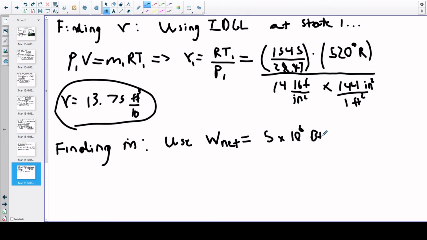Using that, we can write out the work net equation, which I think is work turbine minus work compressor for this problem. If we write that out in terms of enthalpies, this is what you get.